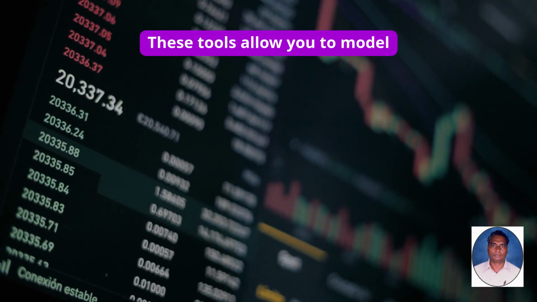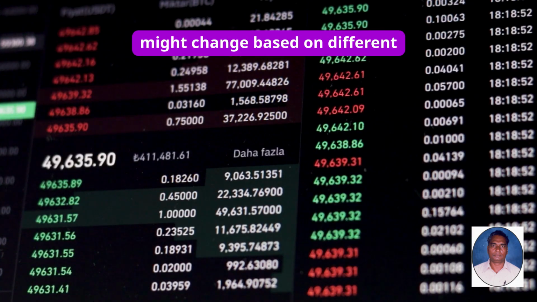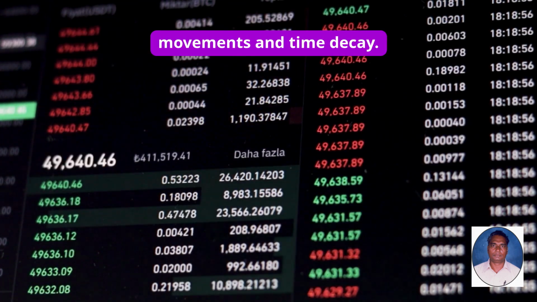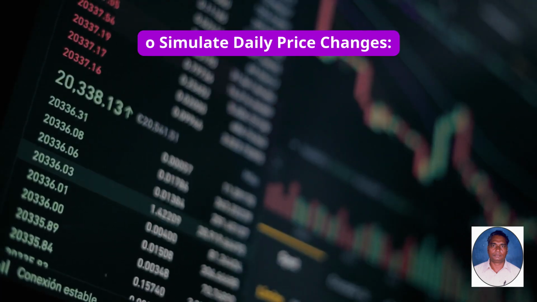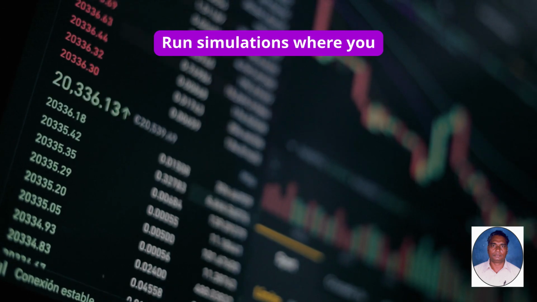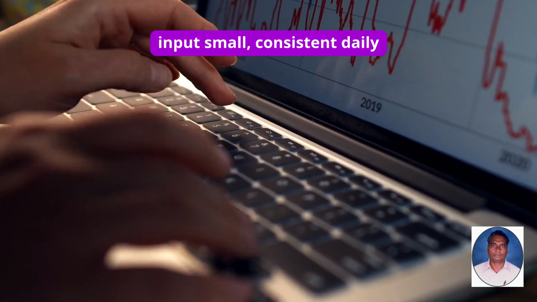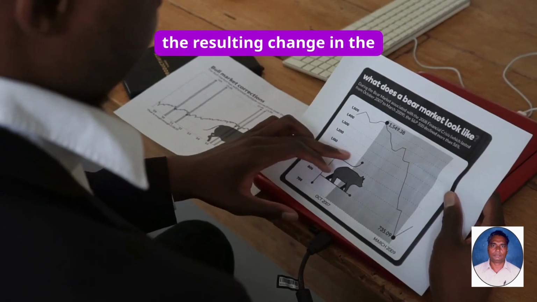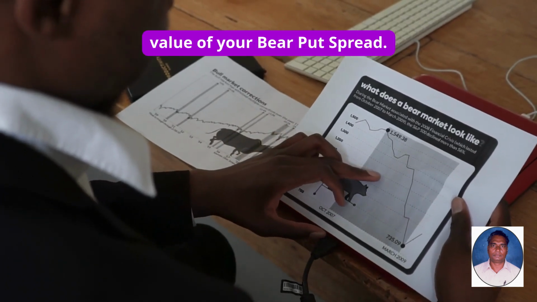These tools allow you to model how the spread's value might change based on different underlying asset price movements and time decay. Simulate daily price changes. Run simulations where you input small, consistent daily price declines within your bearish outlook and observe the resulting change in the value of your bear put spread.